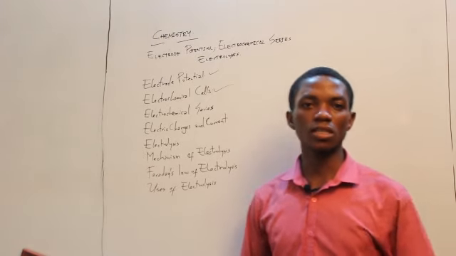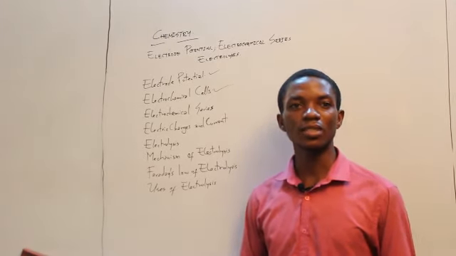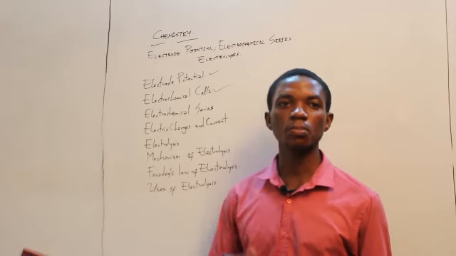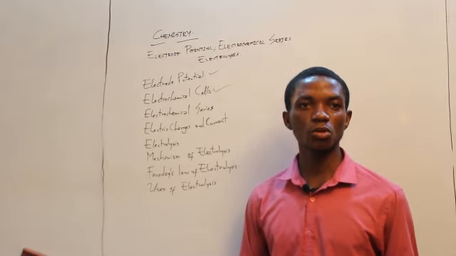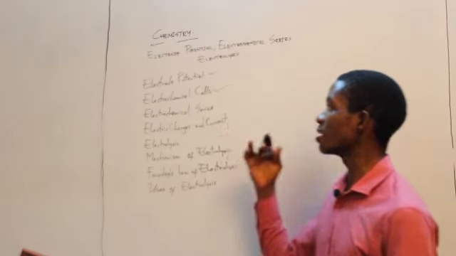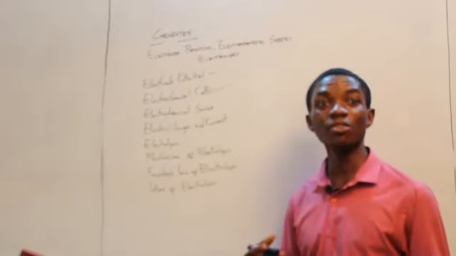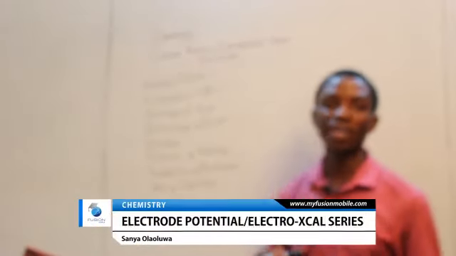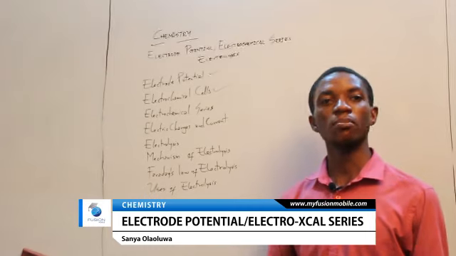So in the series we have metals like potassium coming at the top because of their high electropositivity. So they are high reducing agents. They come first in the electrochemical series, while the high oxidizing agents are at the bottom of the electrochemical series.